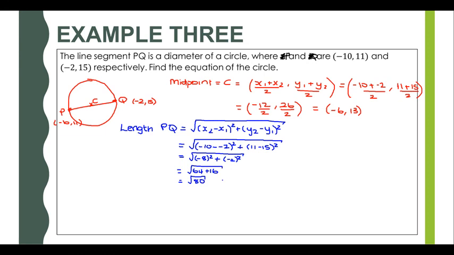We can simplify this to give us 4 root 5 using our surd rules or our calculator. 4 root 5 is the length of the diameter, so the radius is half of our diameter, so half times 4 root 5, which is equal to 2 root 5.